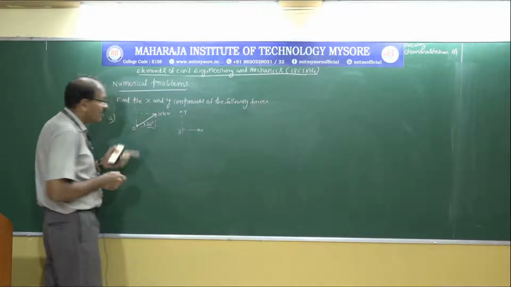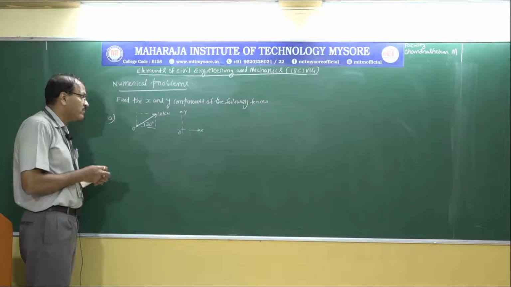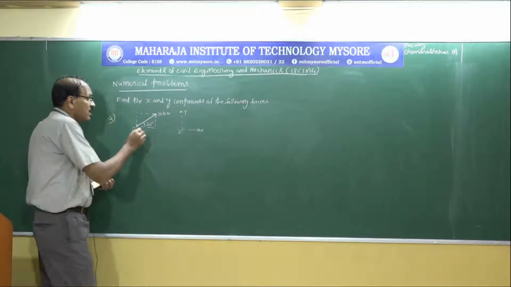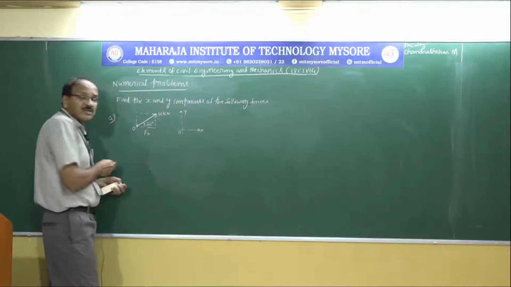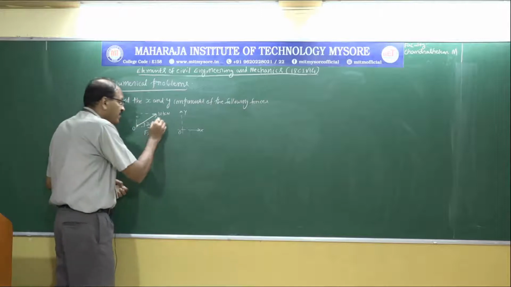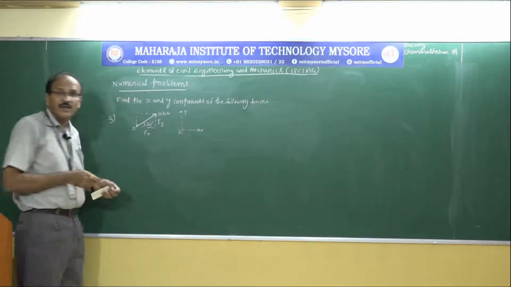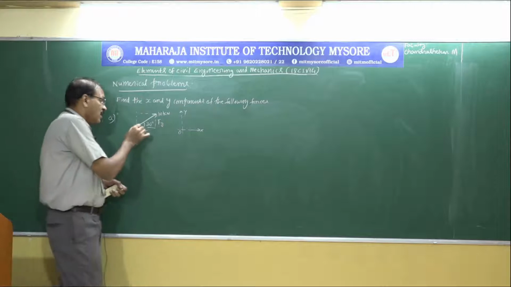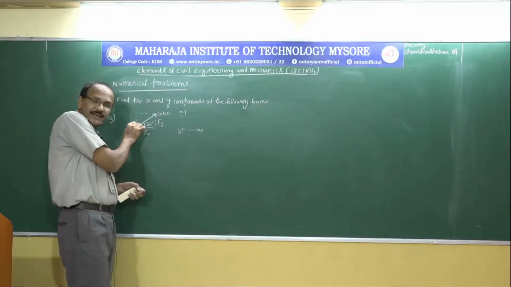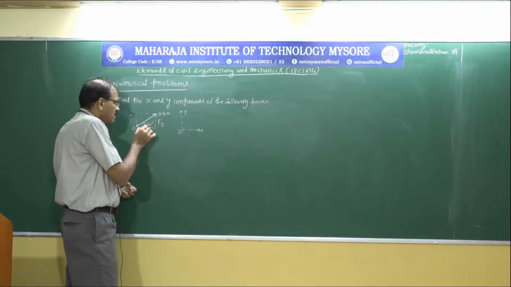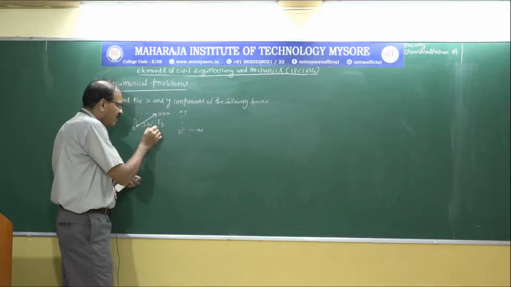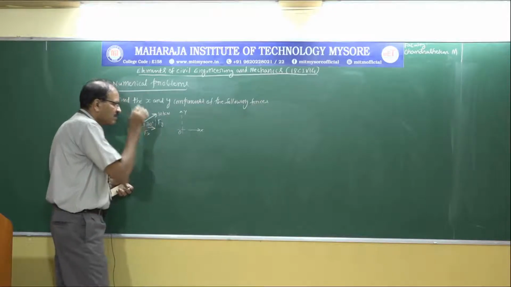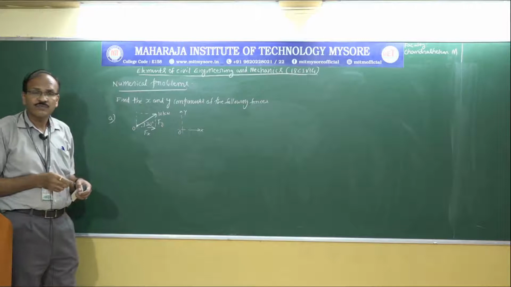When we resolve the force, if this is Fx and the vertical component is Fy, when we start from the tail end and go horizontally, this is the way the arrow comes.